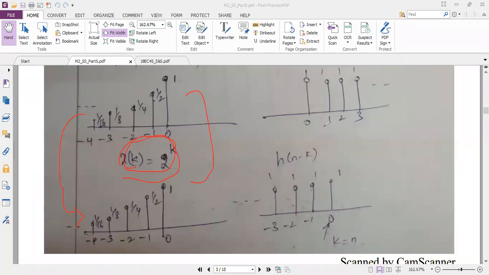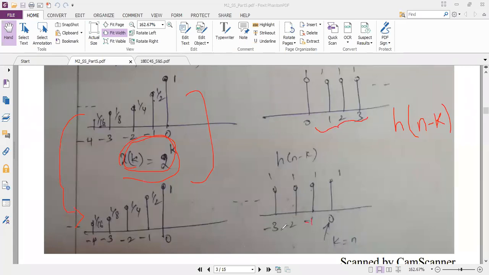The changes will exactly happen to the impulse, because in the summation formula I have h of n minus k, the shifted impulse response. So for h of n minus k, I have to just take the minus of n values. Whatever the previous values were, 0, 1, 2, 3, everything is now on the minus x-axis.